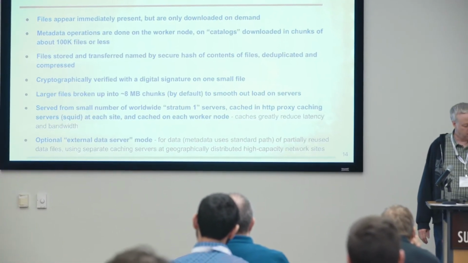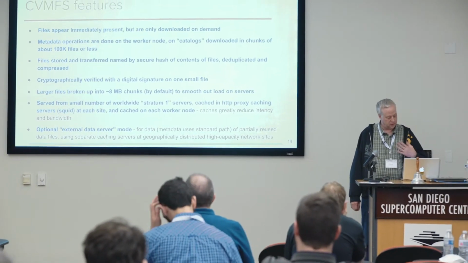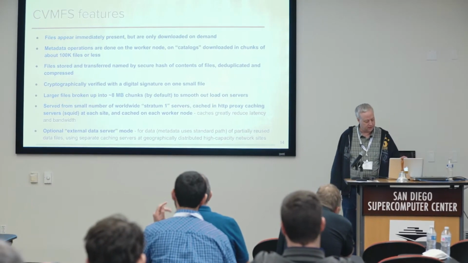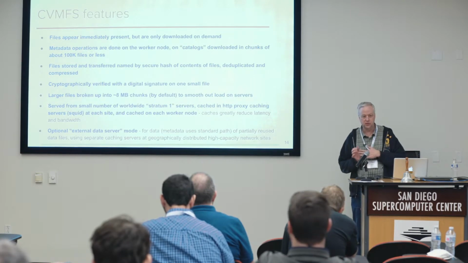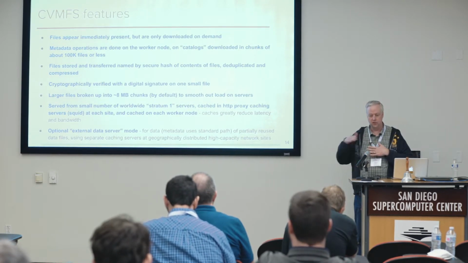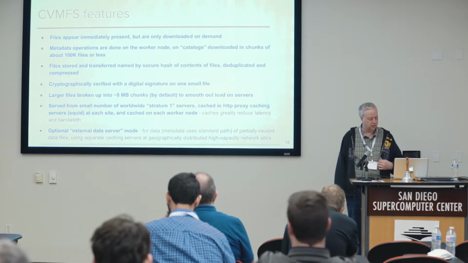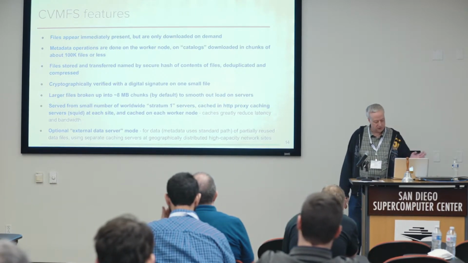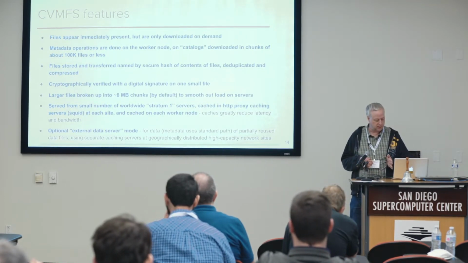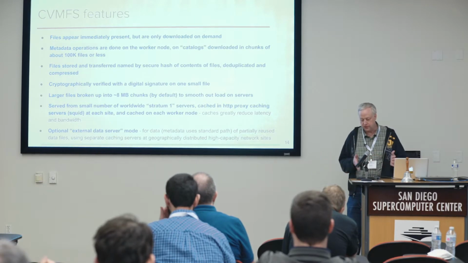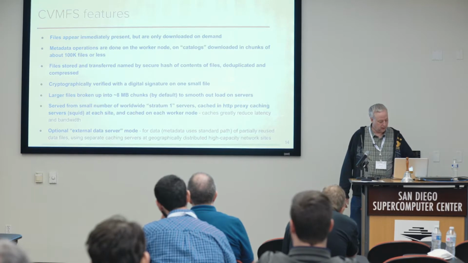Over the network it's also compressed, and it's cryptographically verified with one digital signature on a very small file, so it's very low overhead, and then all the secure hashes from then on make sure that nobody has tampered with it along the way. Also, larger files get broken up into about 8 megabyte chunks by default, and that's to smooth out the load on the servers. It's not to improve performance, it's to keep the servers from getting overloaded.